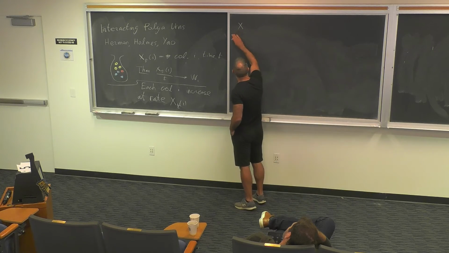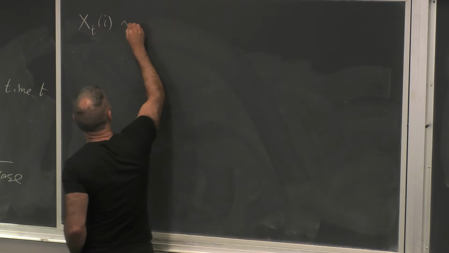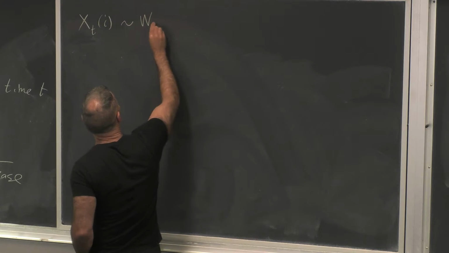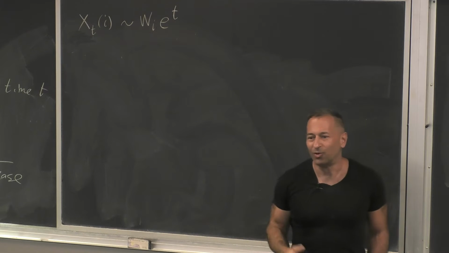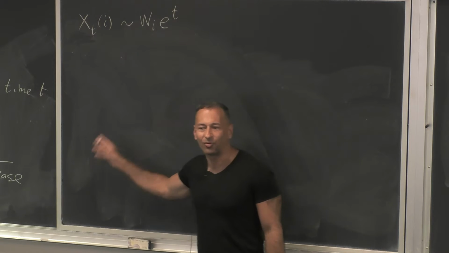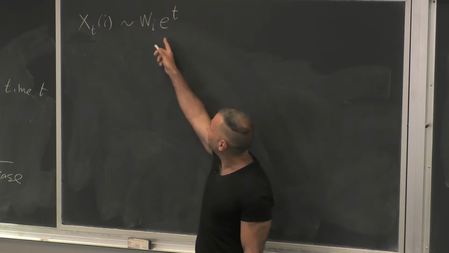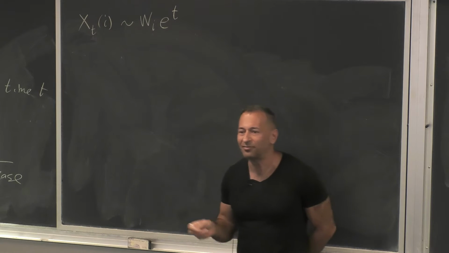So the classical thing that you can say is that x_t(i) asymptotically is some w_i times e^t. So this Yule process grows exponentially, and once we've done this, the processes are completely independent. Each process has this, where w is the limit of a certain martingale. It's almost surely positive.